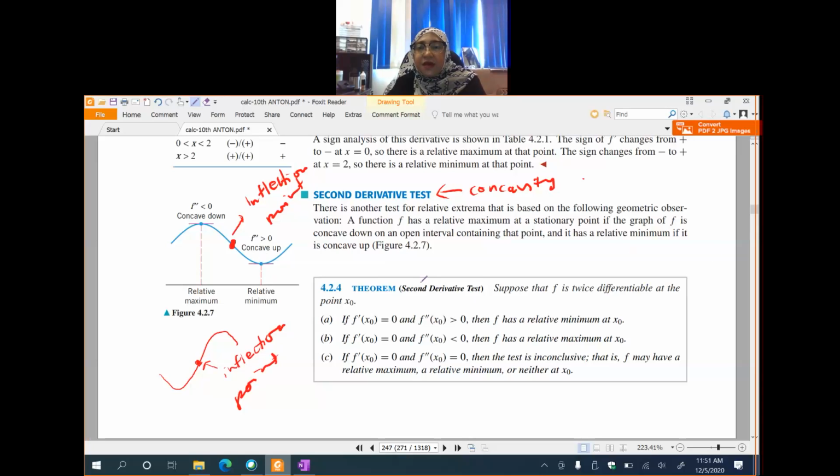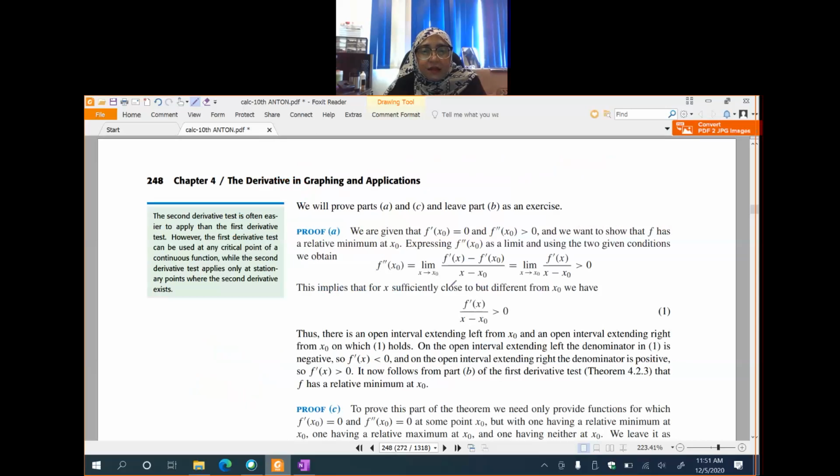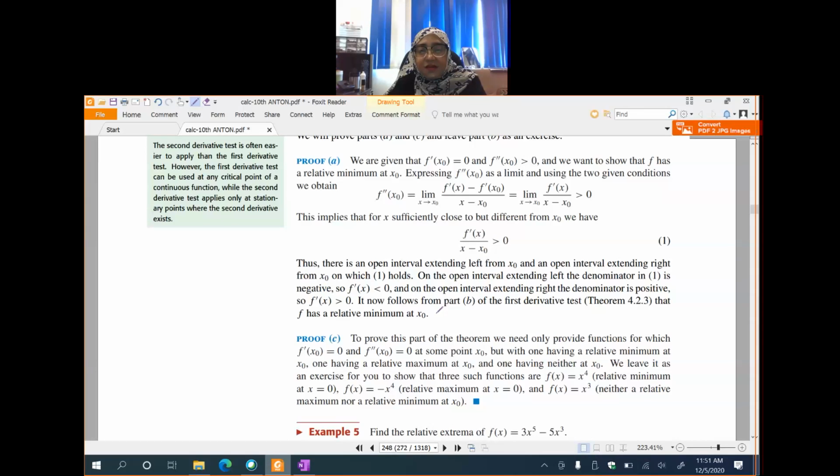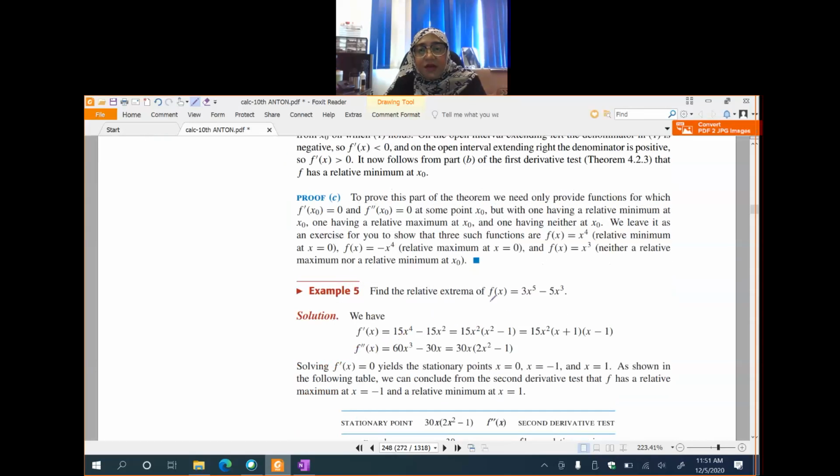For the second derivative test, it means that we have to differentiate twice. For the first derivative test, we differentiate only once. Now let's look at an example for the second derivative test.